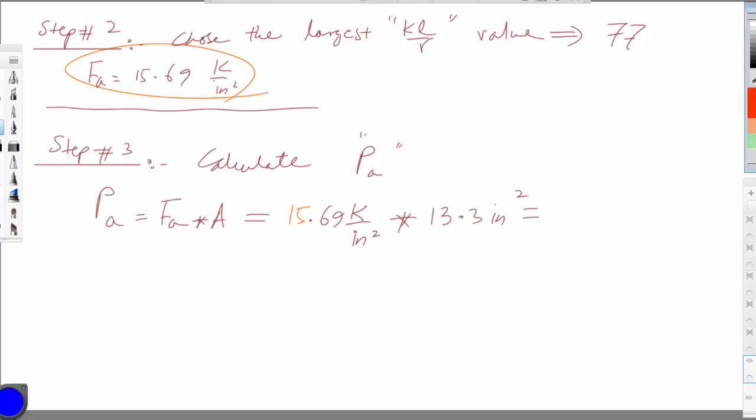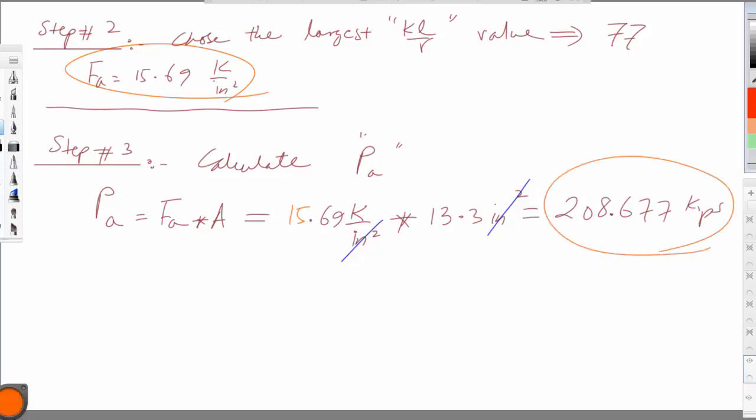So again, if you want to do the cancellation, the inch square go away, you'll be left with kips. So the answer for this will be equal to 15.69 multiplied by 13.3 is equal to 208.677 kips. And that is the answer for this example.